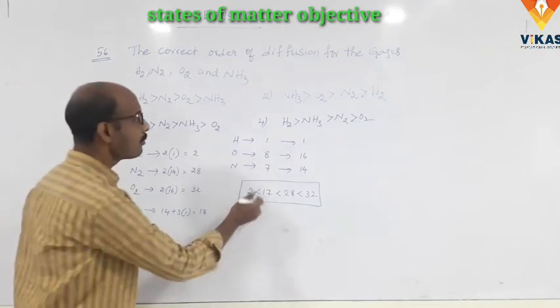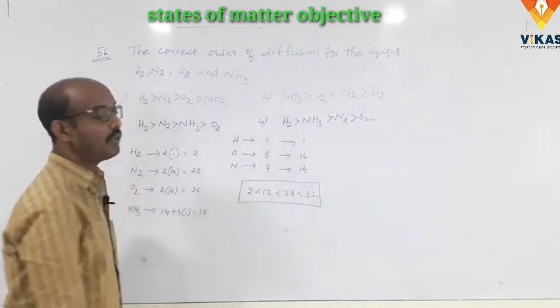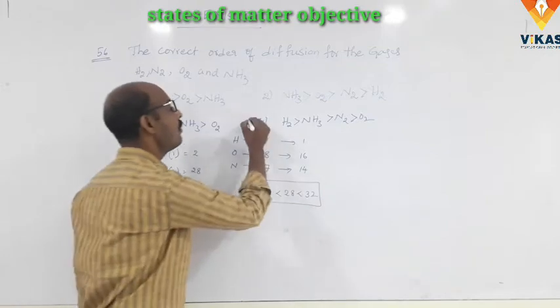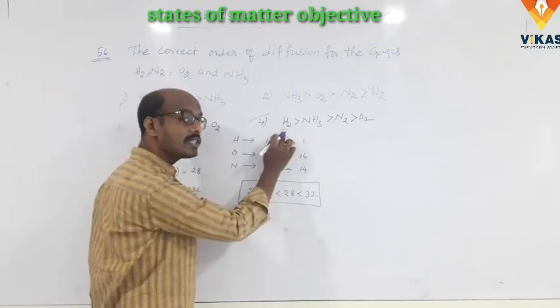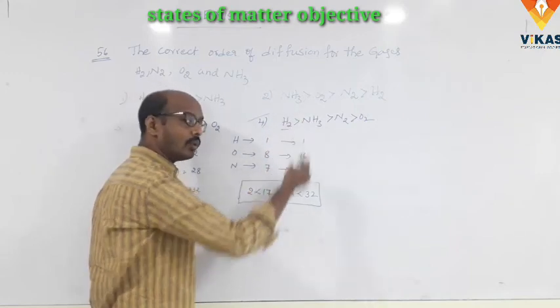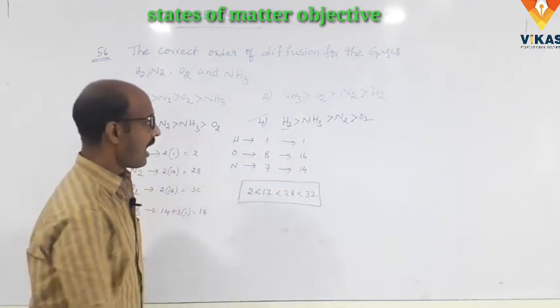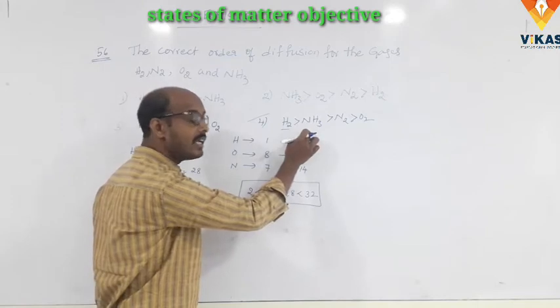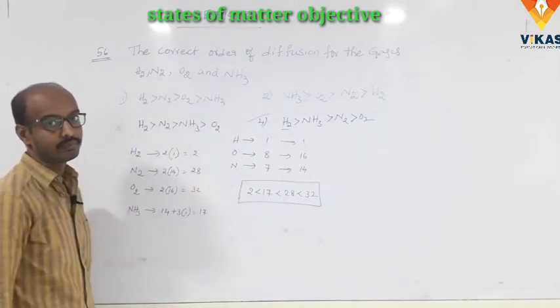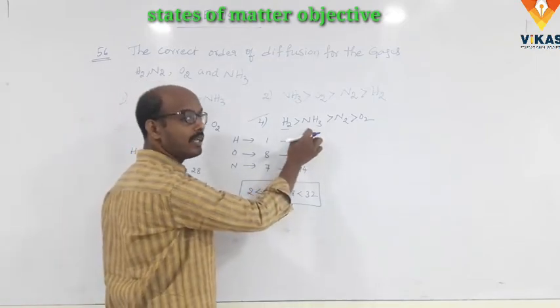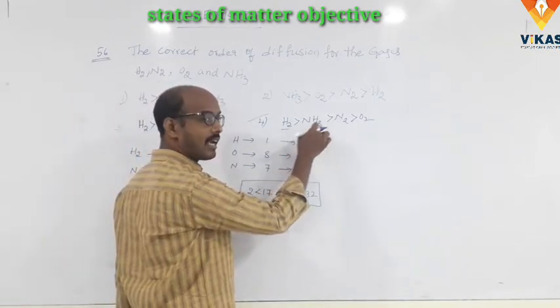So based on that, which one is the correct answer? Out of 1, 2, 3, 4, option 4 is correct. Why? Hydrogen has the lowest molecular weight, so it has the highest rate of diffusion.